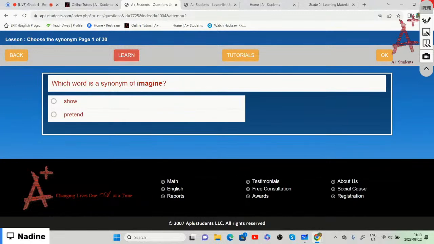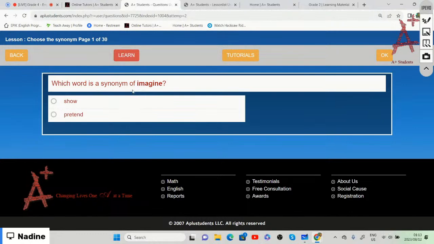All right, so if we find the word similar to imagine, right? Imagine is small things that you are thinking of. In your mind, you are thinking about all of these things, visualizing things.